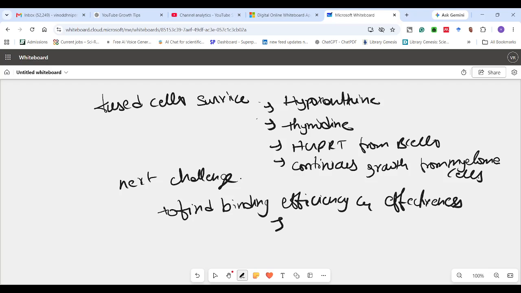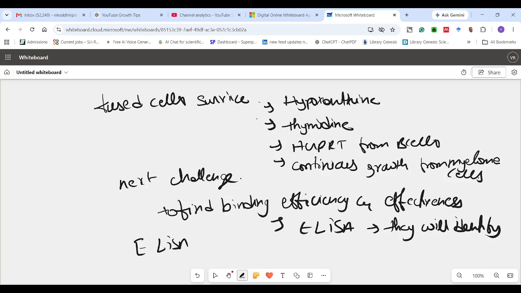For that, they identify using ELISA, which is the enzyme linked immunosorbent assay.